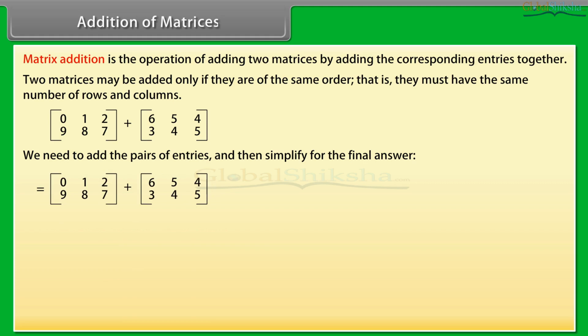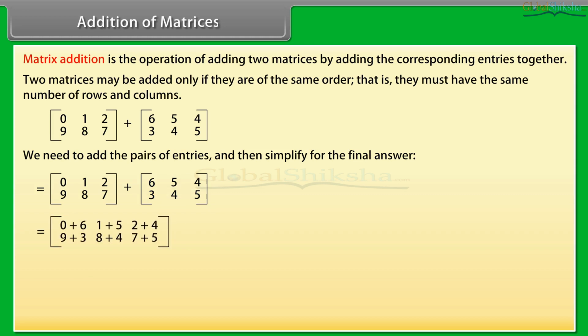Row-wise, first row 0, 1, 2, second row 9, 8, 7, plus row-wise first row 6, 5, 4, second row 3, 4, 5.